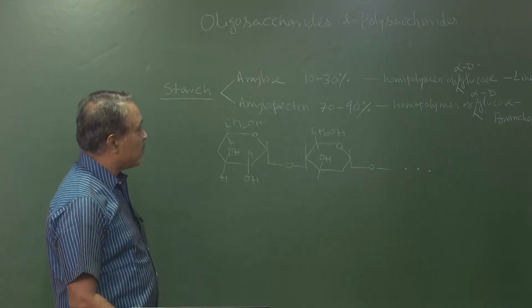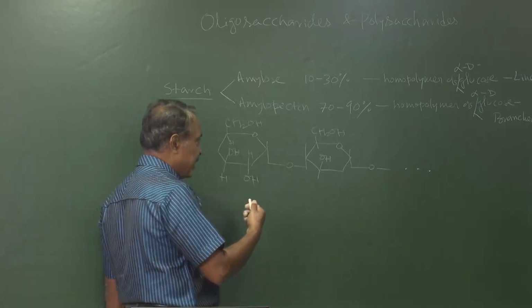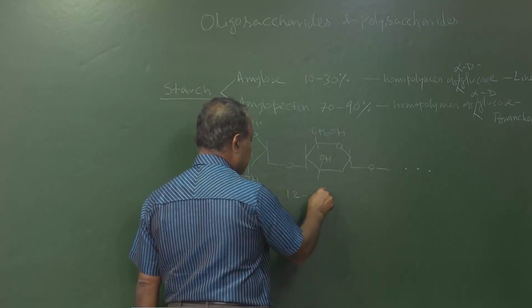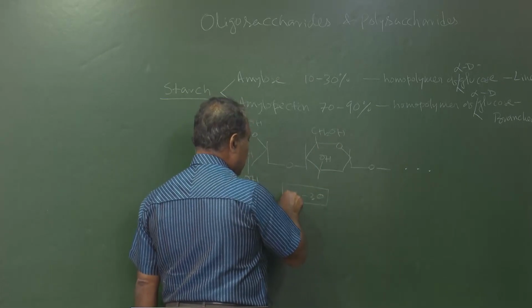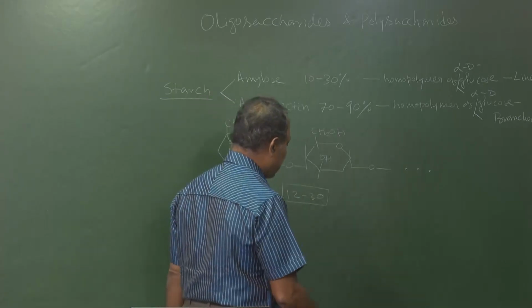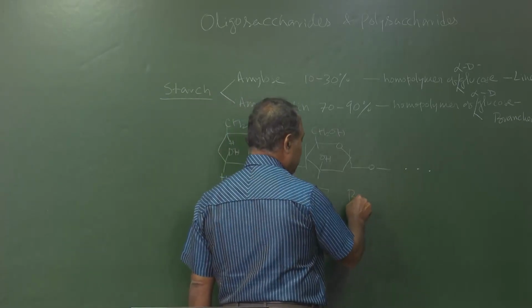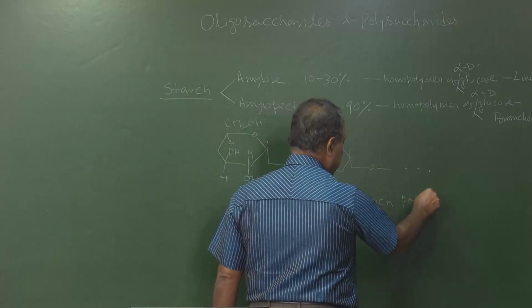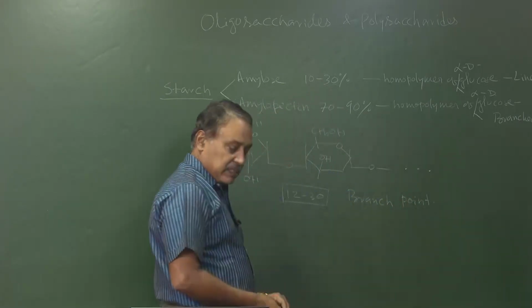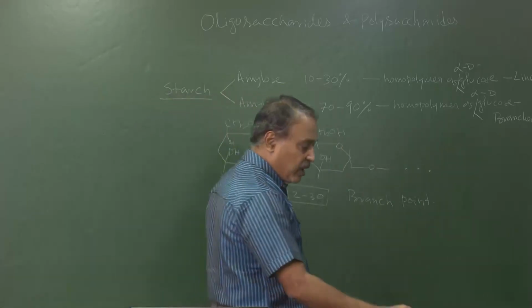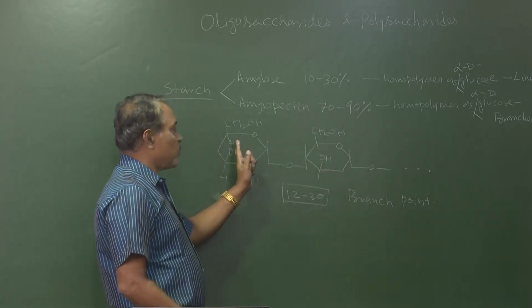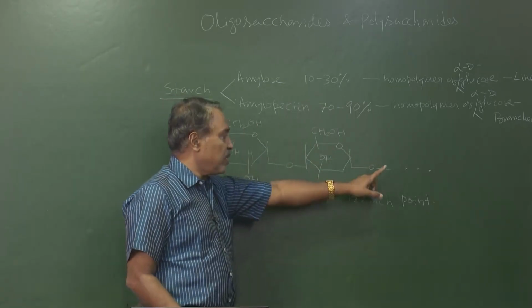Now when it is amylopectin, we will find that after about 12 to 30 residues, there will be a branch point. Every glucose molecule is joined to one glucose molecule this side and another glucose molecule that side.